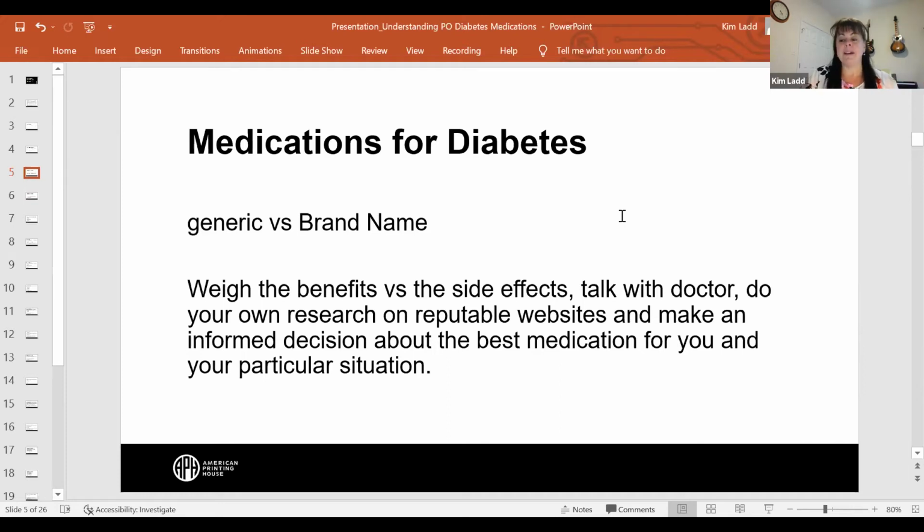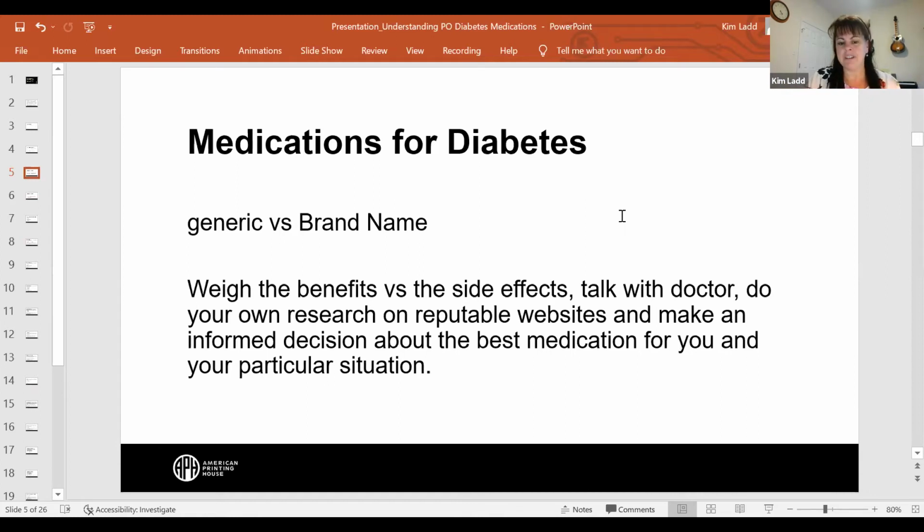Is this the best medicine to help my blood sugar levels, so I just have to learn to put up with the side effects? Or is there a different medication I can change to? That's another reason I wanted to go over all of these medications, so that you can start asking those questions of your healthcare team. Another good resource is also your pharmacist. They are the specialist in medications.